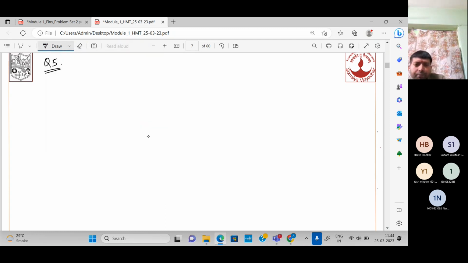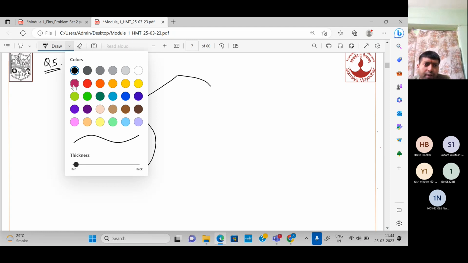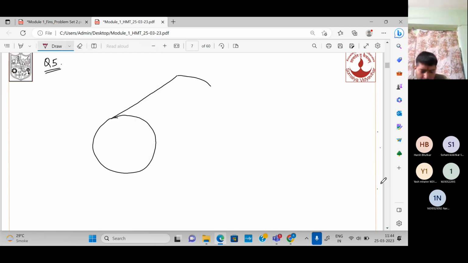बड़ा डायग्राम बनाते हैं, थोड़ा क्लियर रहेगा। Motor body, this is the motor body. Now on the motor body the longitudinal fins are attached. Okay, so let's see the longitudinal fins.